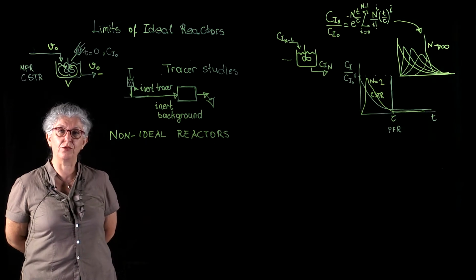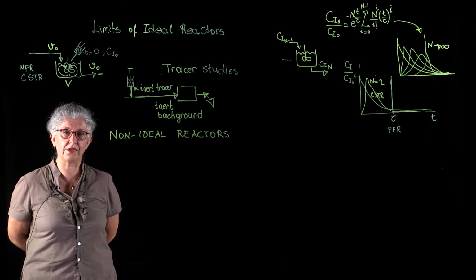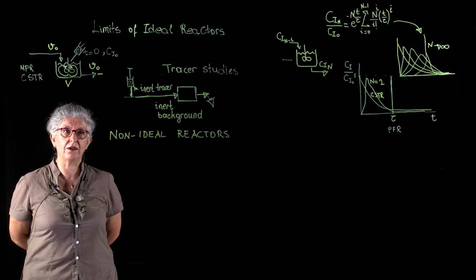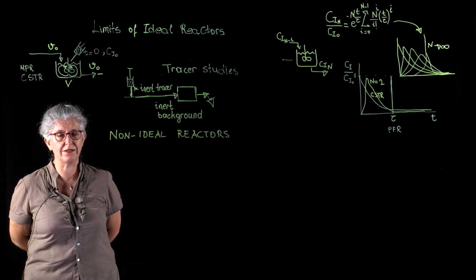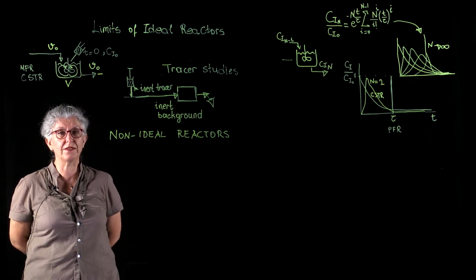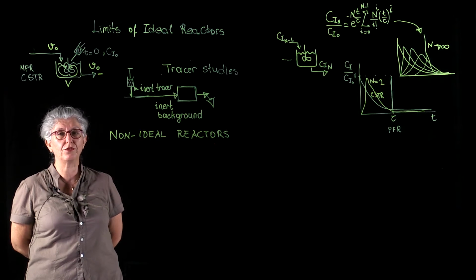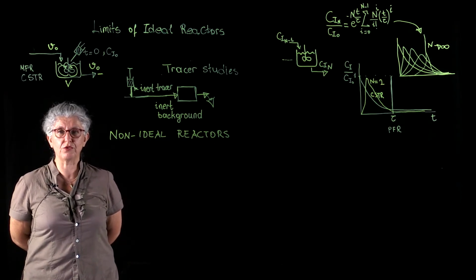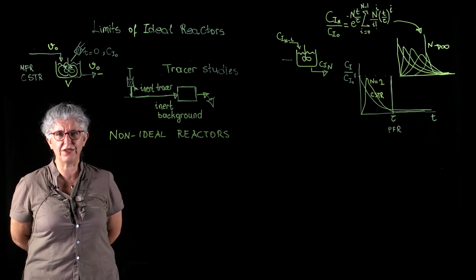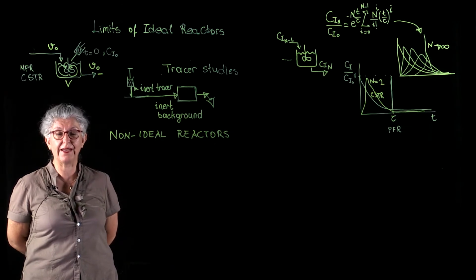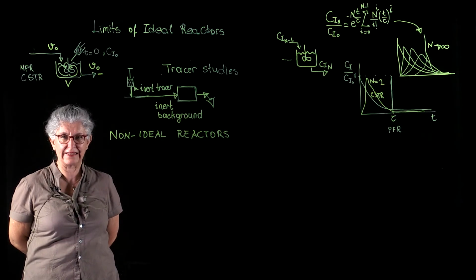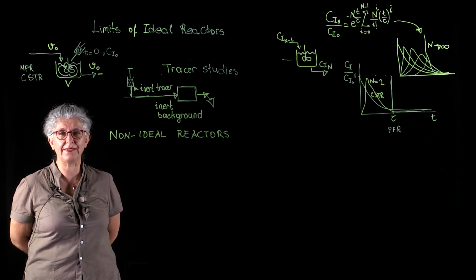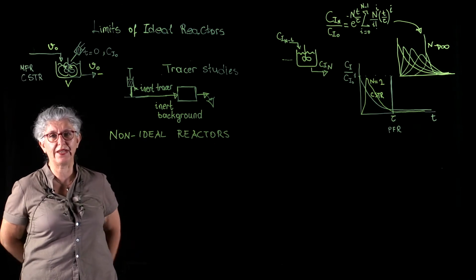And also, we have learned a tool that will give us the behavior of the black box reactor in terms of the residence time distribution of an inert tracer. So using the residence time distribution of the inert tracer, we can at least guess what type of behavior we might have in a non-ideal reactor.